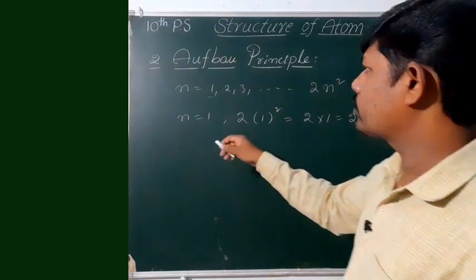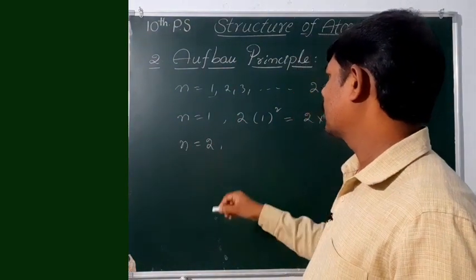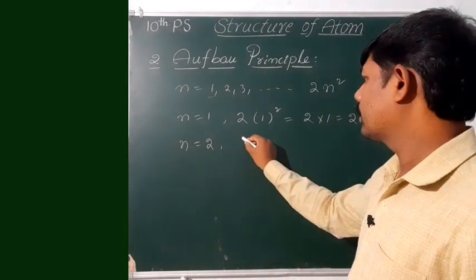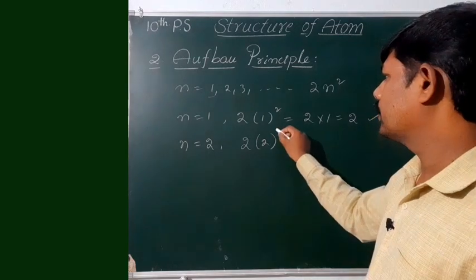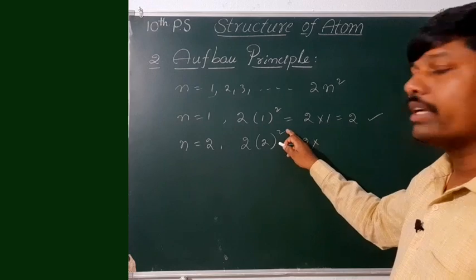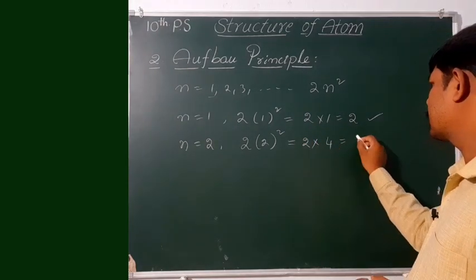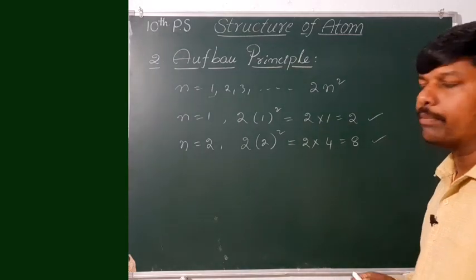And in the second shell, that means n is equal to 2, how many electrons are present in the second main shell? We can substitute the n value here. 2 into 2 square, 2 square means 2 into 2, 4. 2 fours are 8. 8 electrons are present in the second main shell.